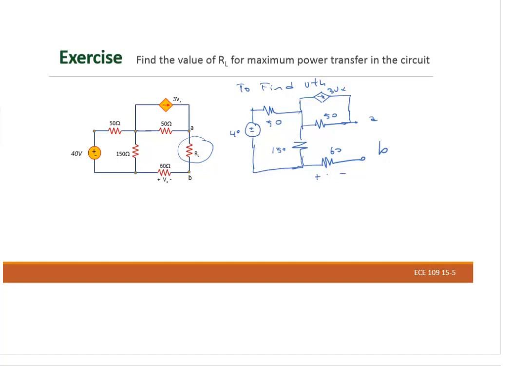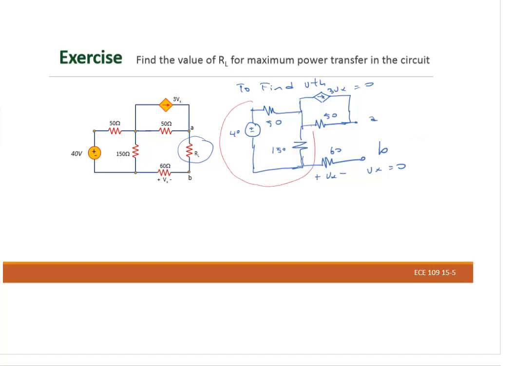So this is plus minus Vx. There is no current goes here, so I can say Vx equals 0. If Vx equals 0 here, that means this is equal to 0 right there, so nothing goes right there. So my circuit is simple, we have only this part here.